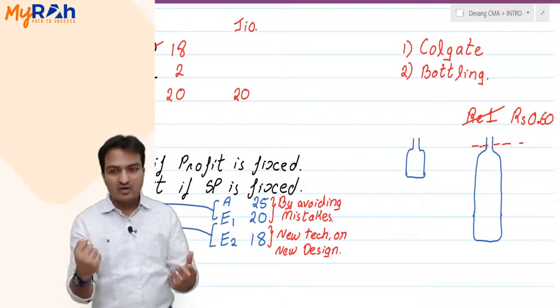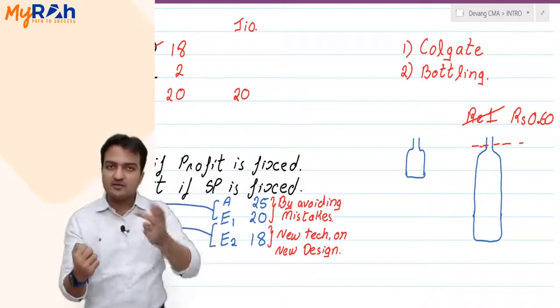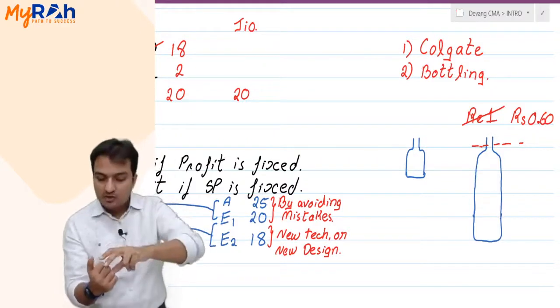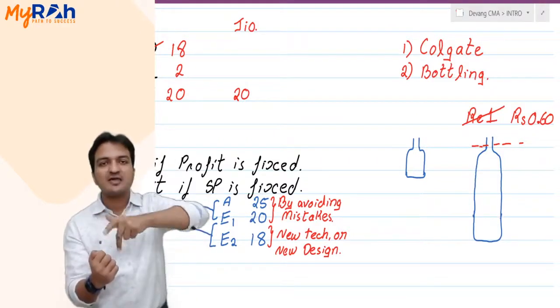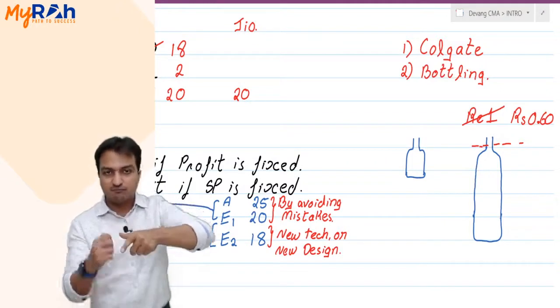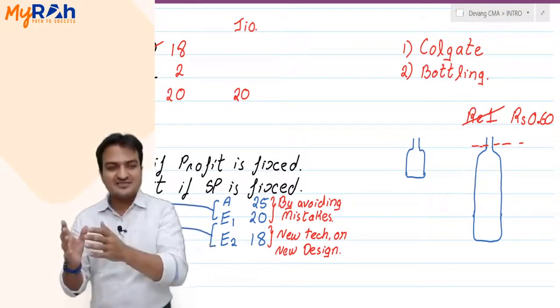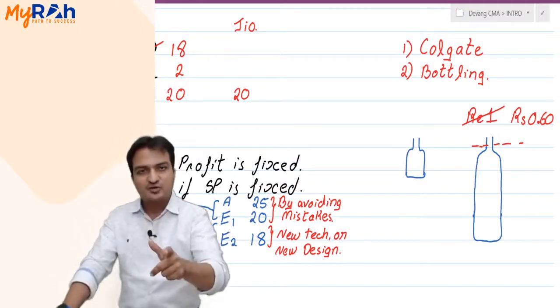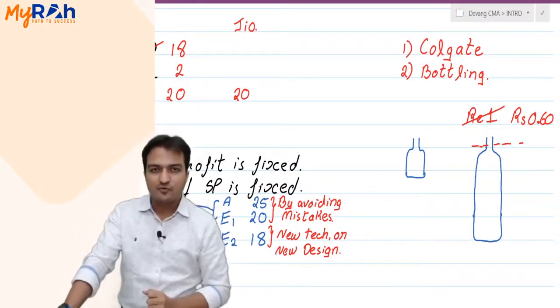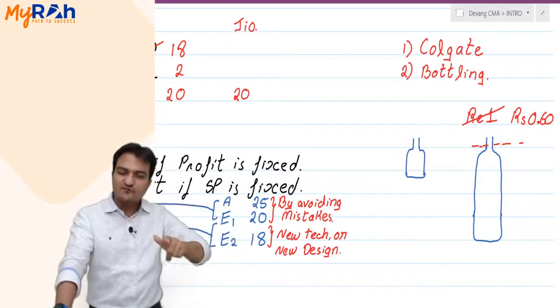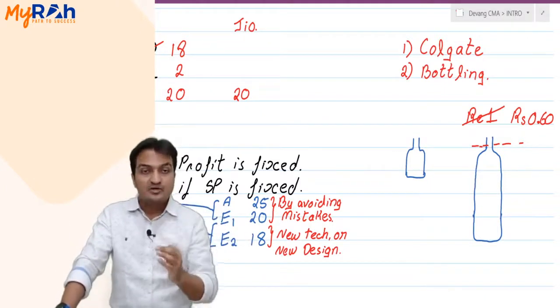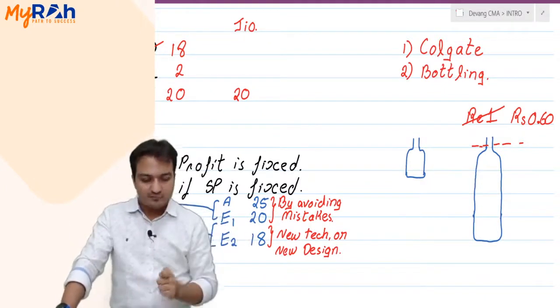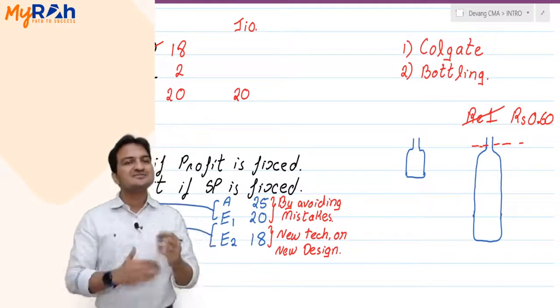In that Coca-Cola bottle, when you open the bottle and then want to close it, you will have to rotate the cap at least 2-3 times because it is a longer neck. But in a mineral water bottle, if you want to lock the bottle, half a rotation of the cap will lock it. Have you noticed that? Only half a rotation will lock the bottle because it has a short neck. Now, why did this give so much savings in cost?